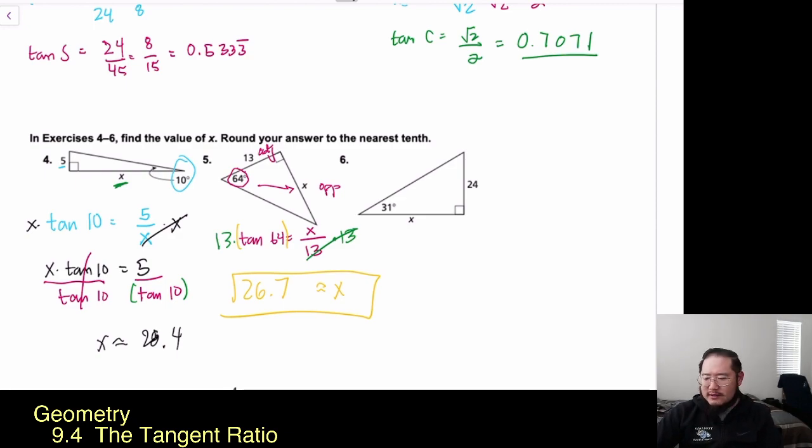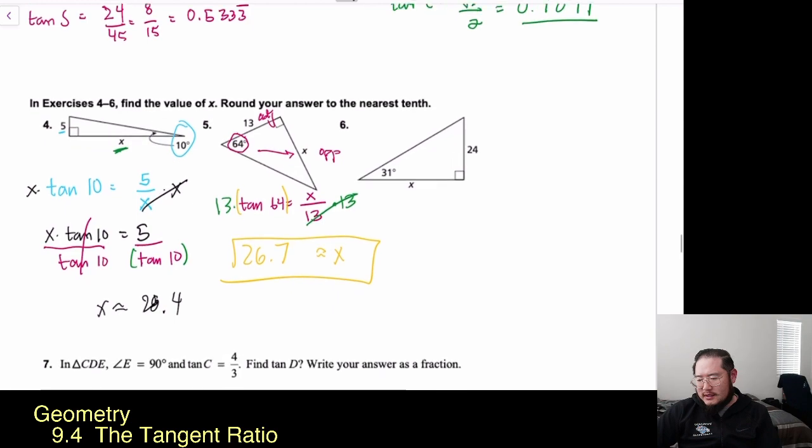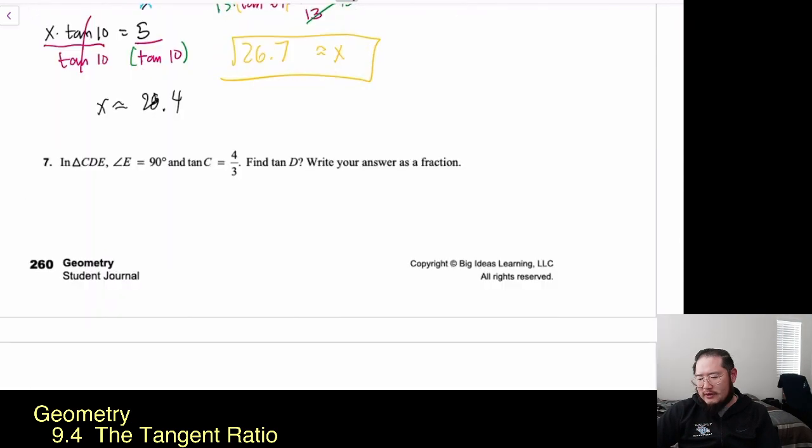Number 7. They've got a little story problem right here. It says in triangle CDE, angle E is 90 degrees, and tangent of C is 4/3. And what is tangent of angle D, or tangent D? Well, let's start off. Let's write things out. Let's draw a triangle.